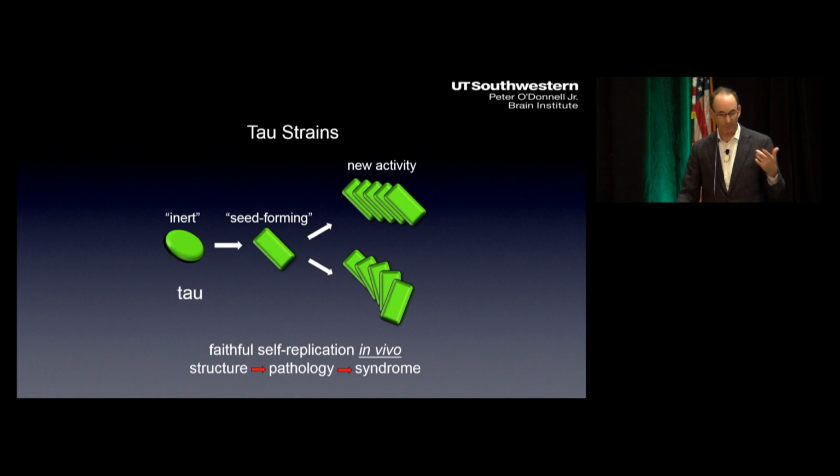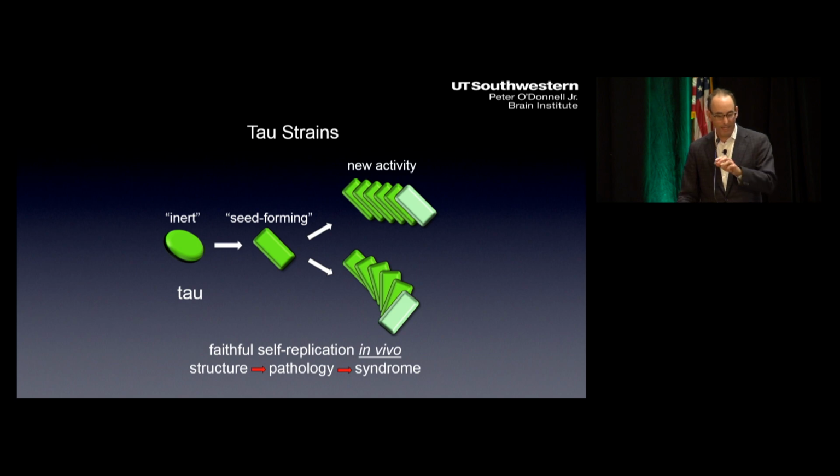What she saw was that depending on the conformation of the first form of tau, when that native protein interacted with it and added on to the chain, it would grow more of that same conformation. Depending on the initial conformation that the tau formed, and in this case I'm showing sort of a helical shape or a straight filament, you could amplify that structure based on its interaction with native protein.